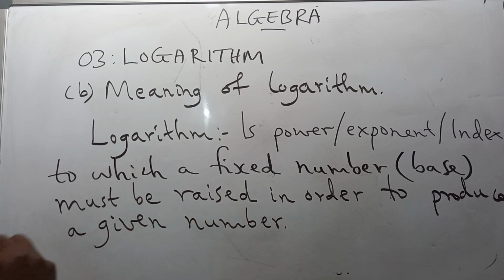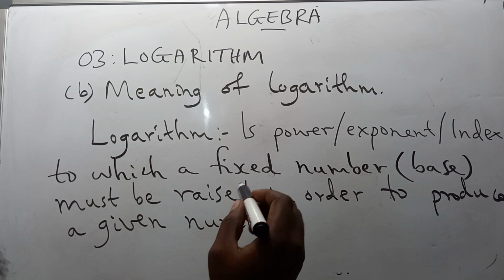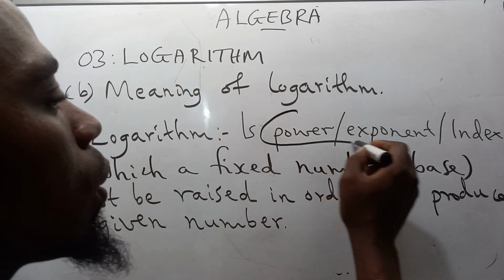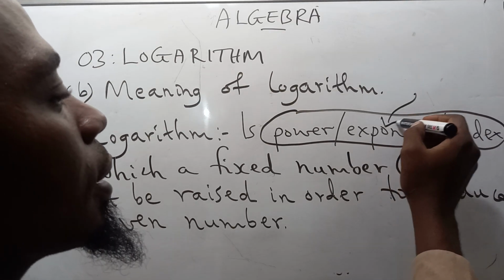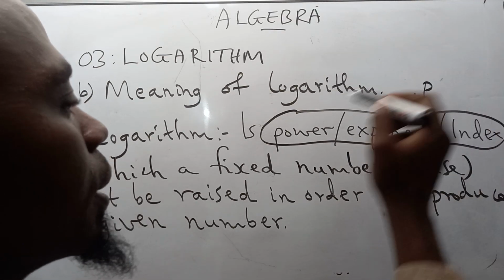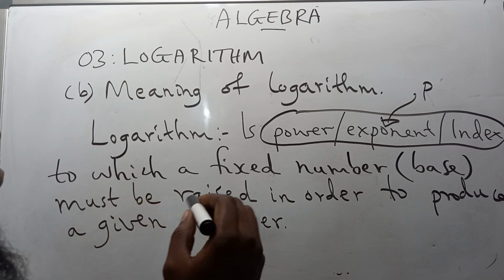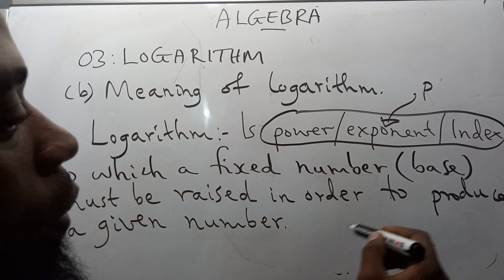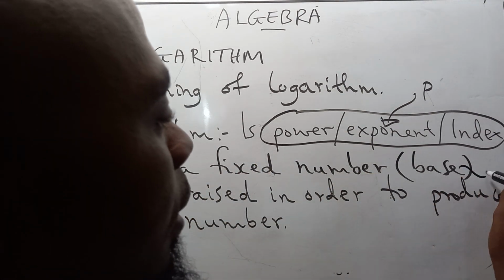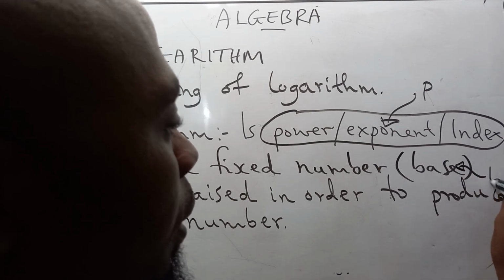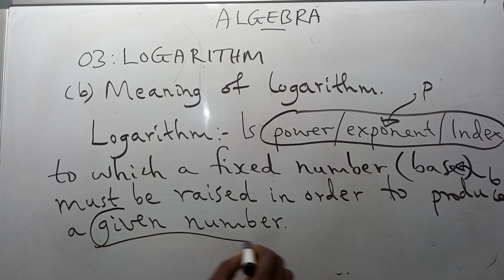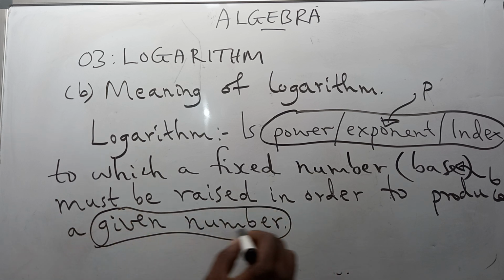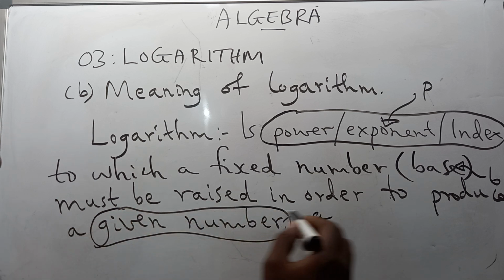In this definition of logarithm, there are three basic terminologies. First terminology is power or exponent or index, and I let this terminology as P. And the second terminology is fixed number, as well known as base, and I let this second terminology as B. And the third terminology is given number, and I let this third terminology as A.